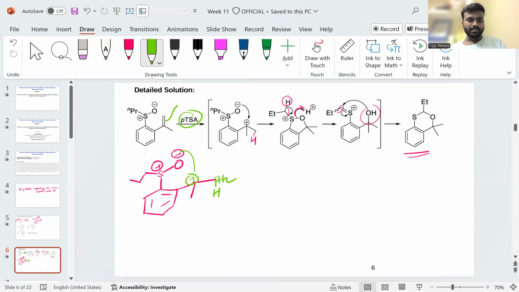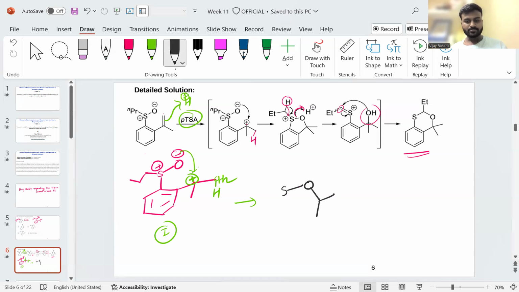Once this double bond abstracts the proton, a stable tertiary carbocation forms at this carbon, which then gets attacked by the O minus of the sulfoxide anion, and this intermediate is formed. Then the second intermediate will be the five-membered ring formation, right?